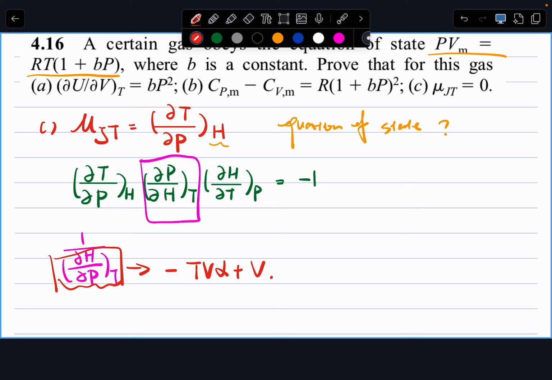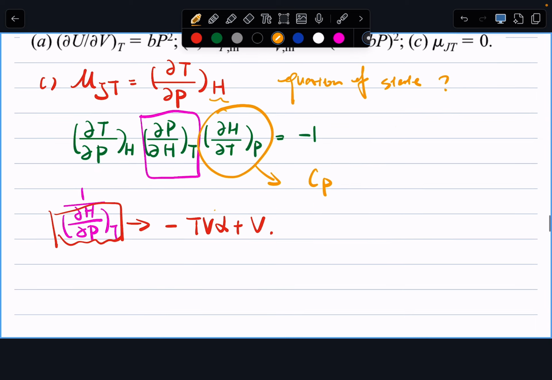What else do we know? We have (dH/dT) at constant P. Now, what is that? That's one of our heat capacities, right? So that's our Cp. And in here, we have our alpha.